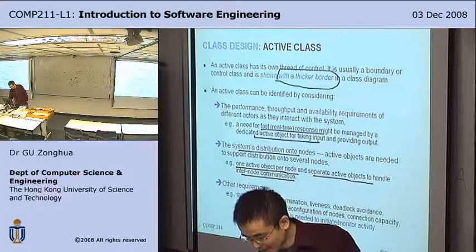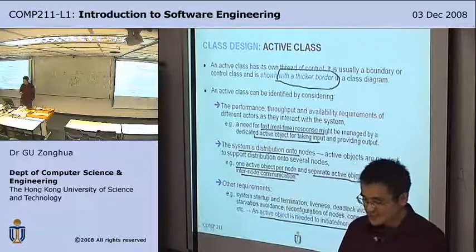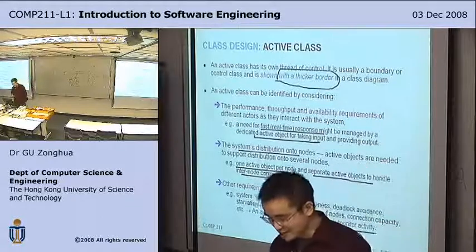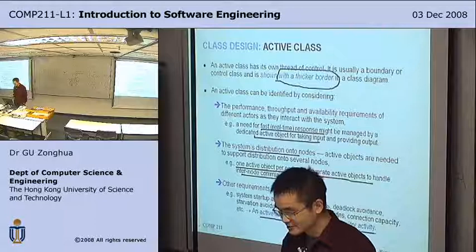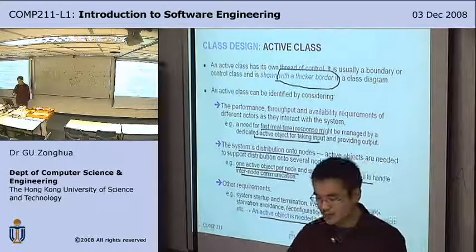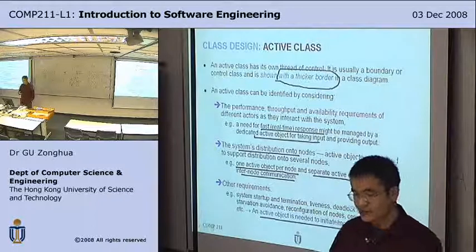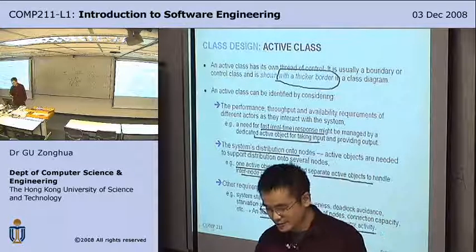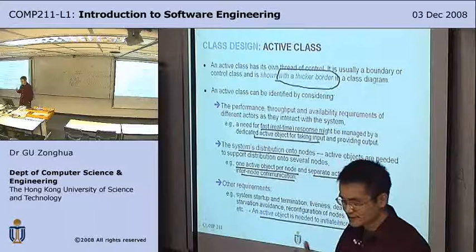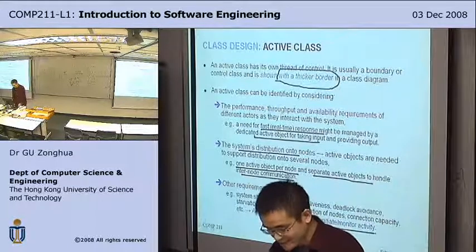And also active object for initiate and monitor activities for startup and termination, liveness, deadlock avoidance. You will dedicate an active object for monitoring, perhaps sending heartbeat messages to everyone and collecting responses back. If something doesn't send back a message after a while, then perhaps it declares it to be dead. So that's the uses of active objects.